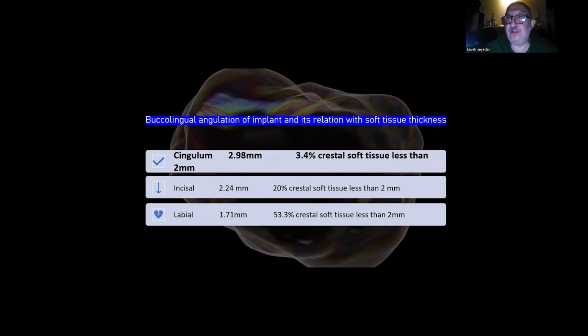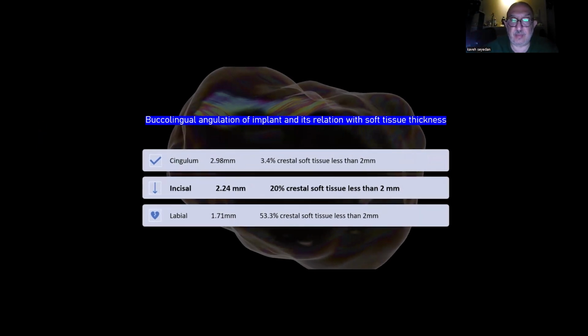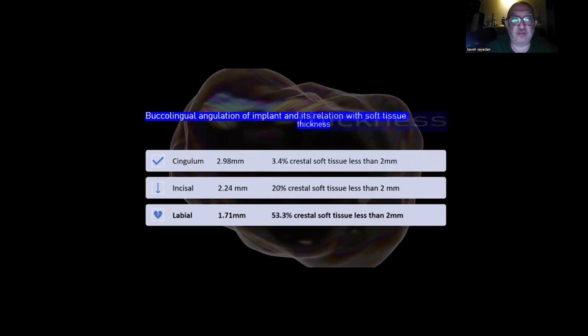Thankfully, there were many good researches done on this. You can see that if implants are placed with a cingulum angulation, the thickness of the soft tissue at the buccal surface would be around 3 millimeters, and there will be just 3.5% chances of crestal soft tissue loss. But if you place the implant with an incisal angulation, you will have around 2 millimeters of crestal soft tissue remaining at the buccal surface, and 20% chances of crestal soft tissue loss.